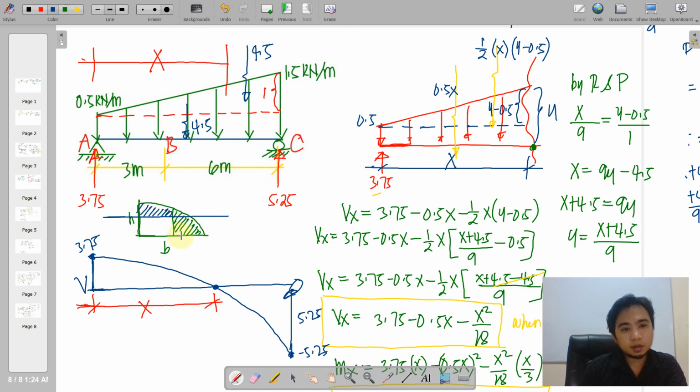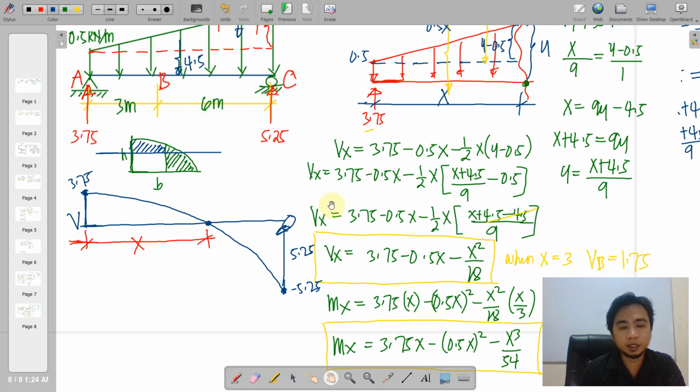This parabola here is not similar anymore to the whole parabola here. So that is the difficulty in dealing with this parabola by graphical method.